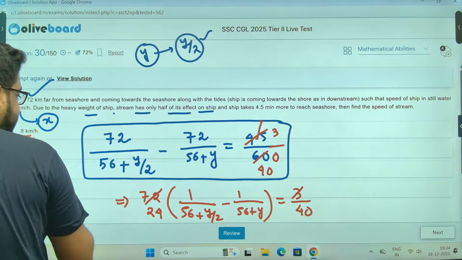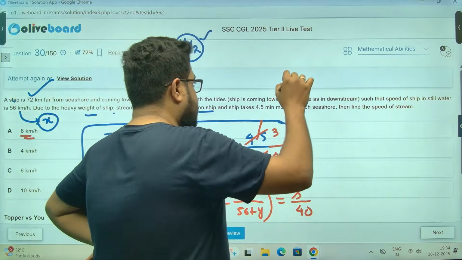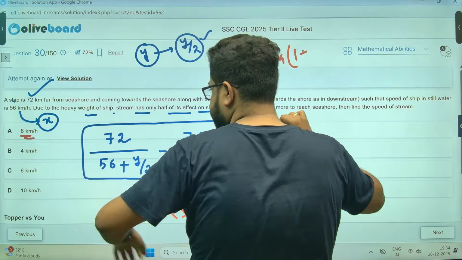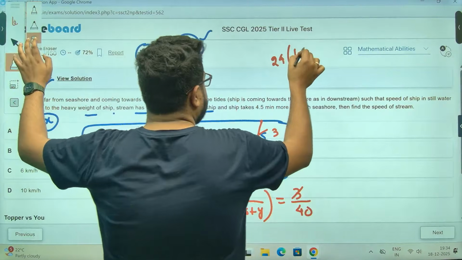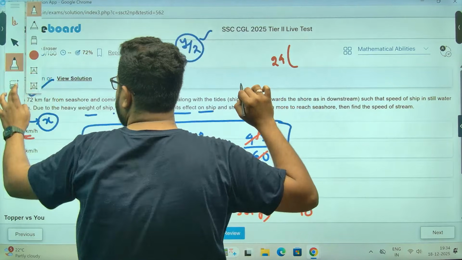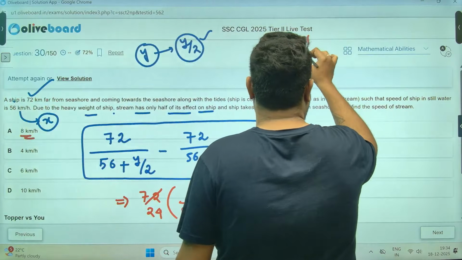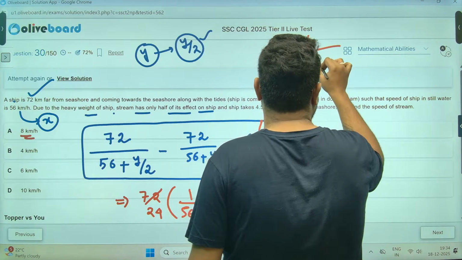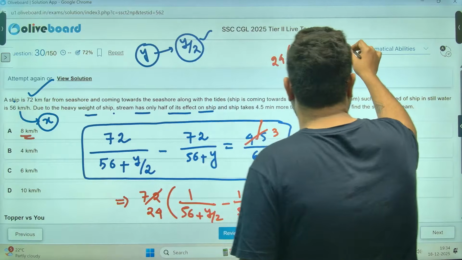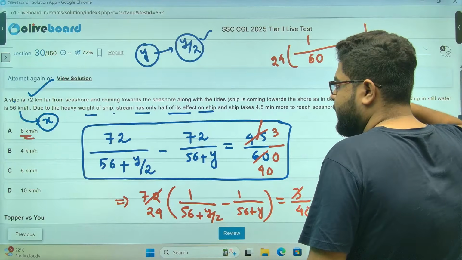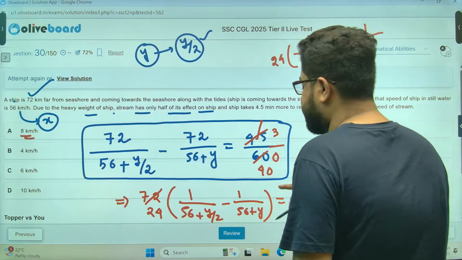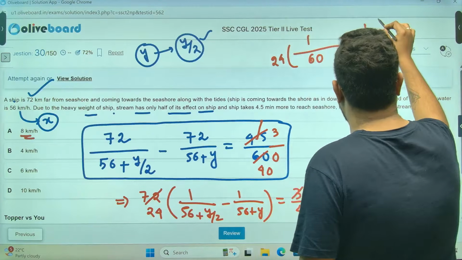If I put 8 here, so 24 into 1 by 56 plus 4, that is 60, minus 1 by 56 plus 8, that is 64.